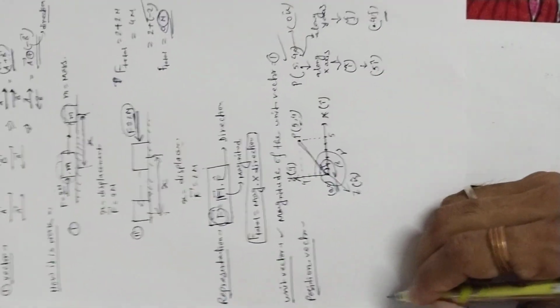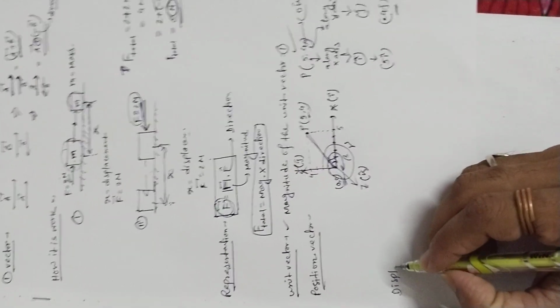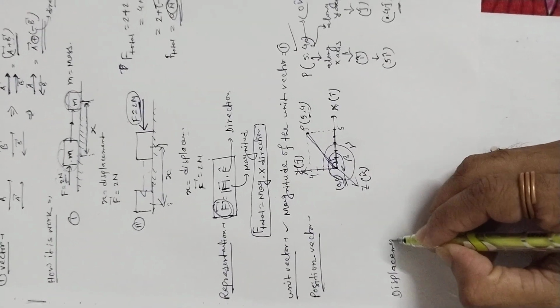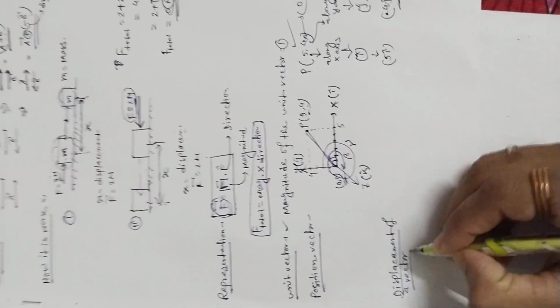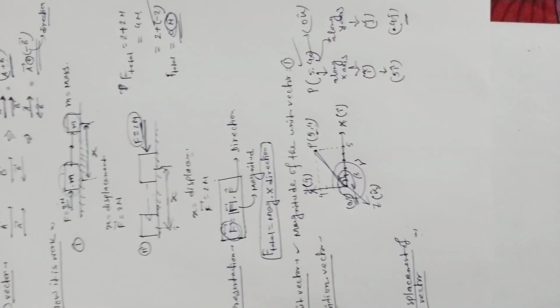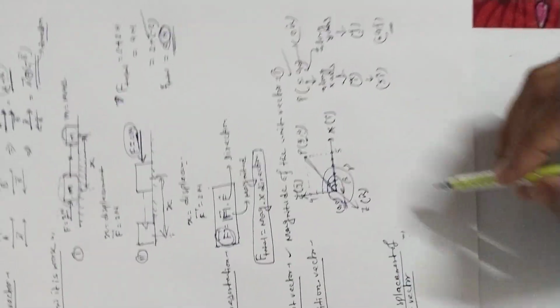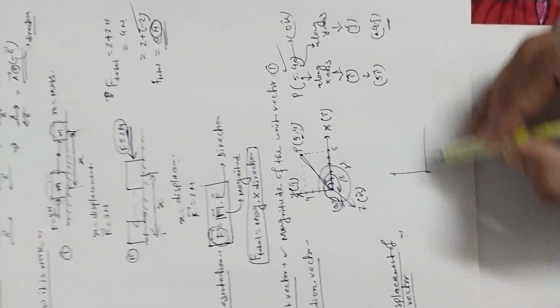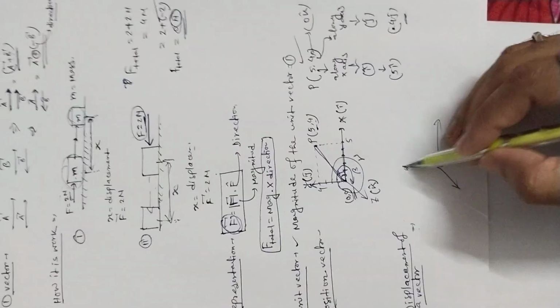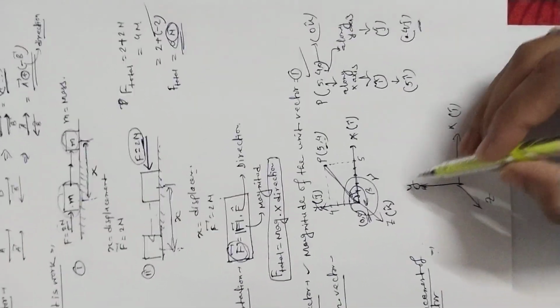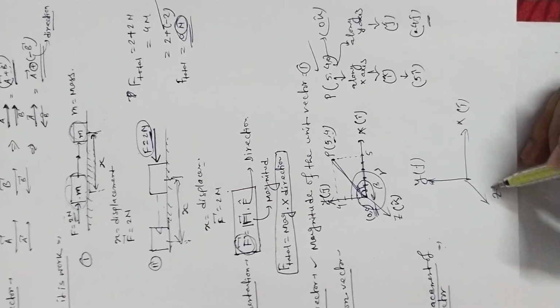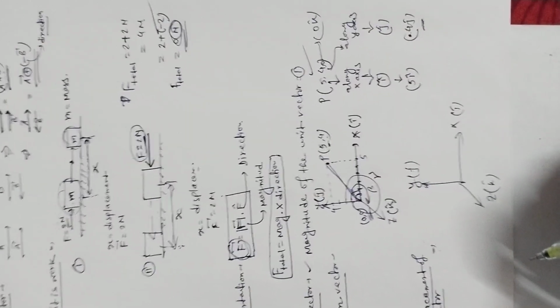Complete. Now I can write over here the displacement of a vector. Please see, suppose it is the xyz coordinates, x, y and z. So along x, I cap, along y, j cap, and along z, k cap.